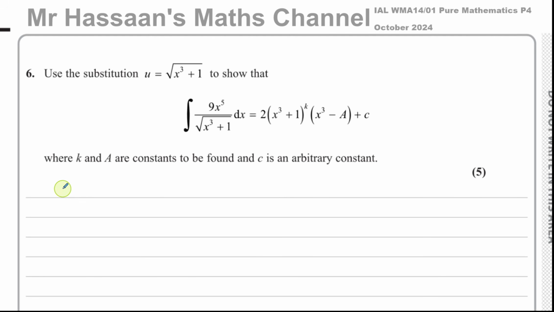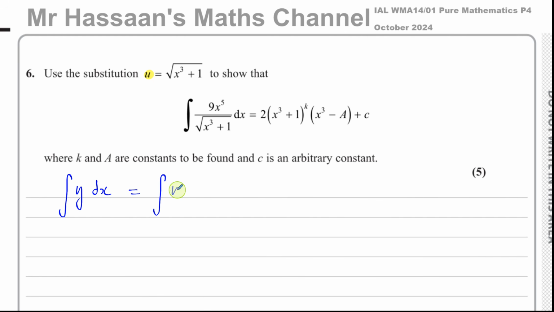The way that I like to deal with integration by substitution is as follows. Our objective is to integrate y with respect to x, and we do it by introducing a third variable, u.